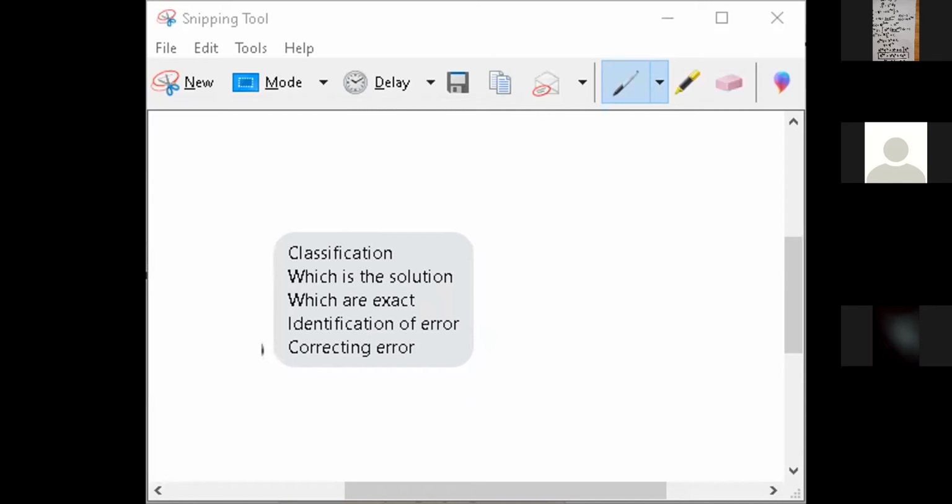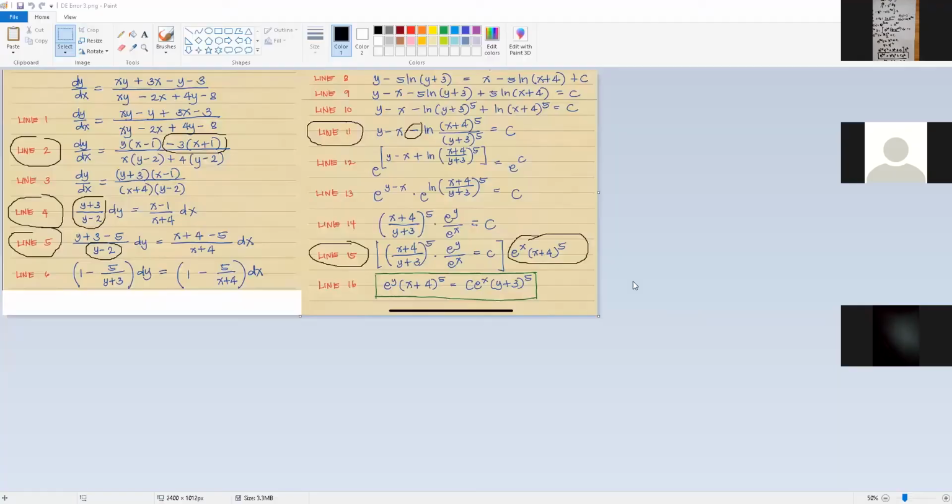Sandali. May copy pa ba? So example ay nandito. Wait. How to share again. Okay, so may example ako dito. Ito yung ginawa namin kanina. So you are given a solution of a differential equation. Yung method as in the step-by-step solution. And then you need to identify which line is the error.